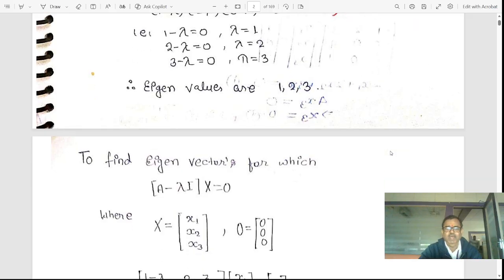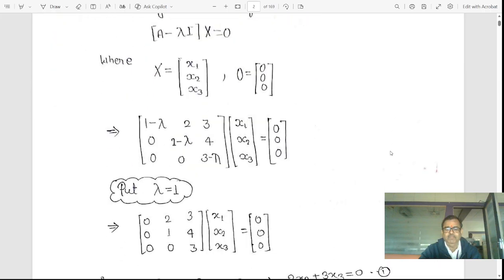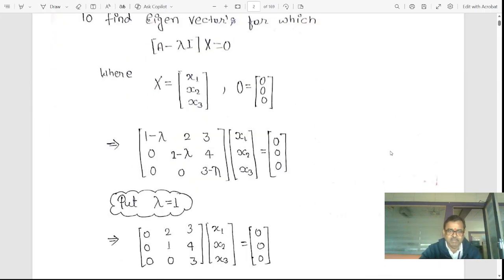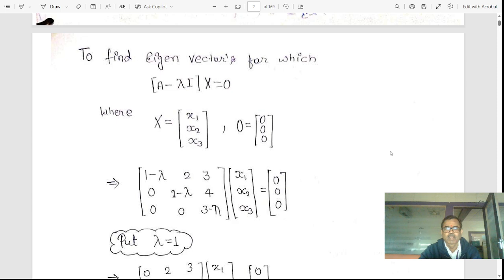Now again we find the eigenvectors, for which we apply the condition (A minus lambda I) into x equal to 0, where x equals x1, x2, x3 and 0 is the null matrix 0, 0, 0.